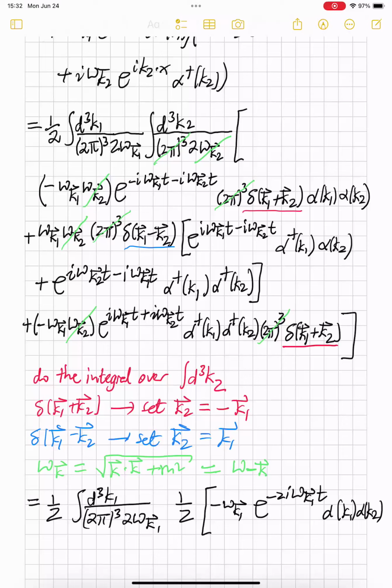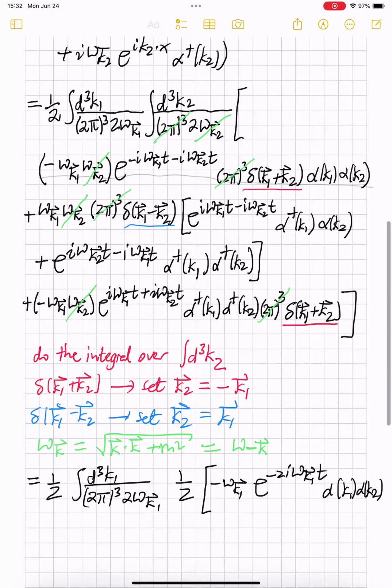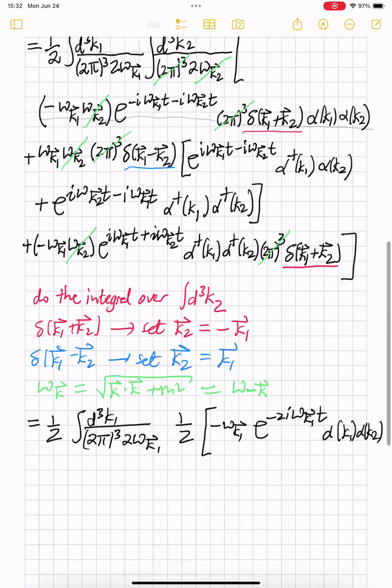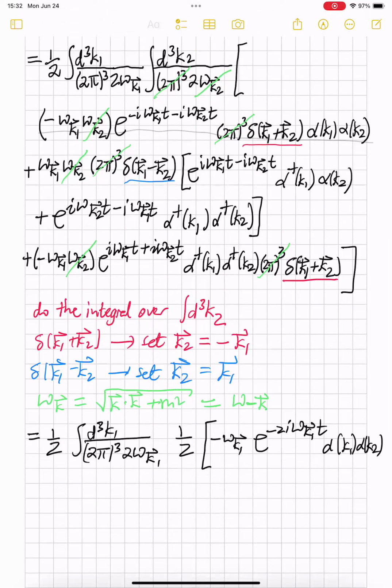I hope you're working along with me. Now let's look at the second term. Well, for the second term, we'll have plus omega of K1. That's still around. And in this term, we set K1 equal to K2, so that's fine. And then in the exponential, if we set K2 equal to K1, then the i omega K1 t cancels against the minus i omega K2 t.